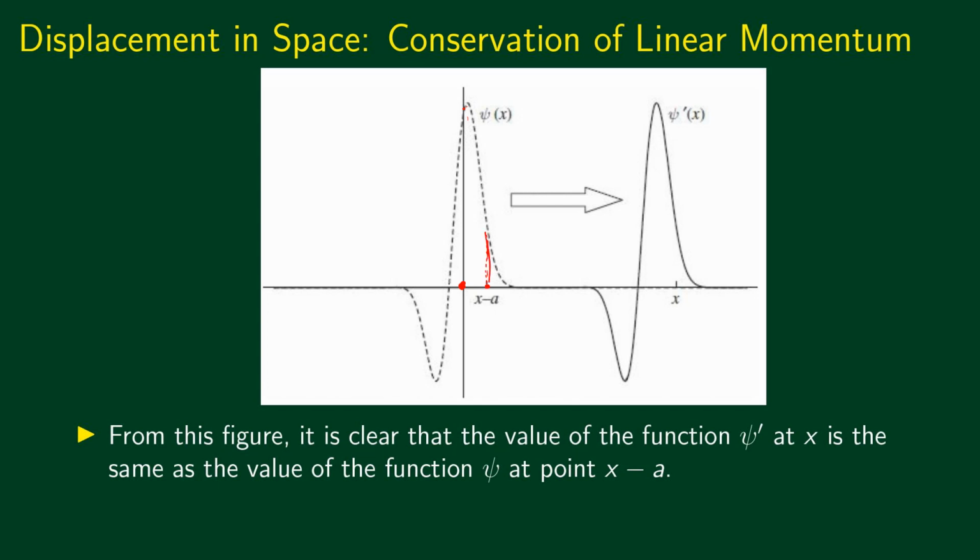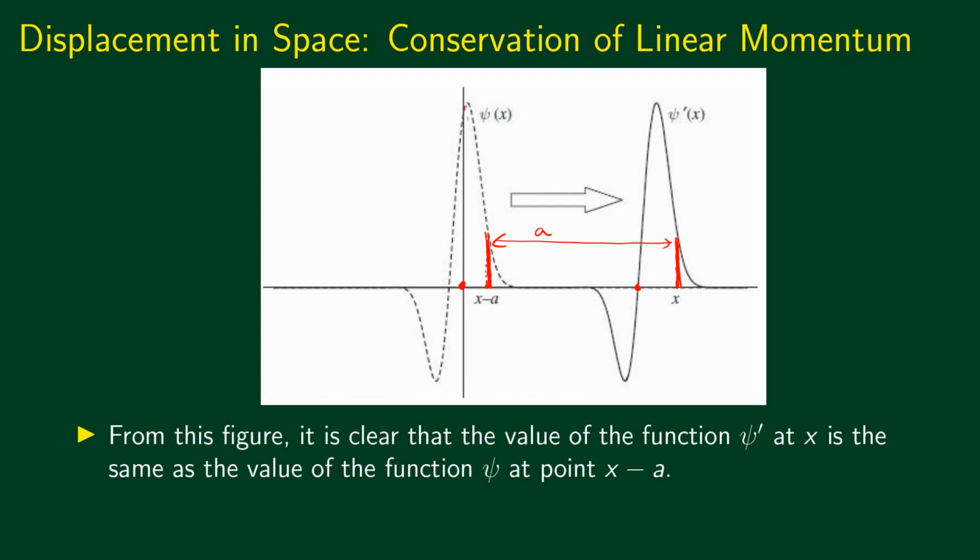So when you translate this function to the right by an amount a, we see that the height of the old function at x minus a is the same as the height of the new function at the point x. This is true for any point. This distance is a. You could also take some other point, let's say this point. At this point, the height is 0.